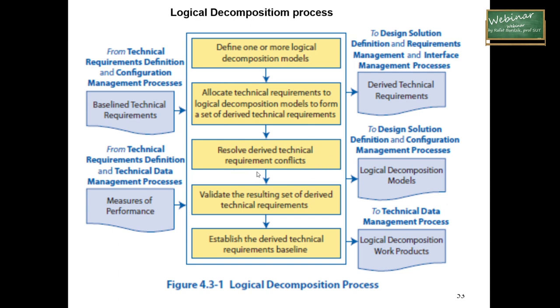You should apply the first approach here, the risk assessment, then validate the resulting set of derived technical requirements, and as the last result, establish the derived technical requirements baseline. It is the input to create mostly the graph of the logical decomposition work product. So it is what you already did, just to remind you how you should analyze those important issues.